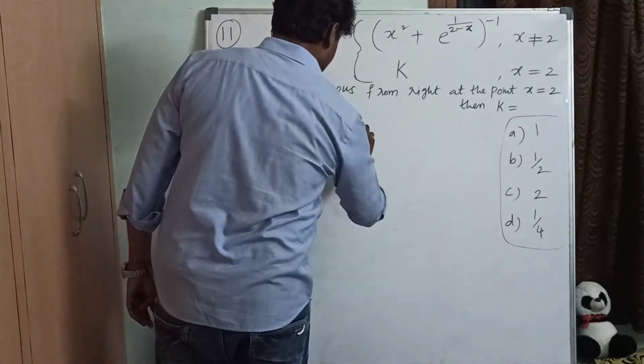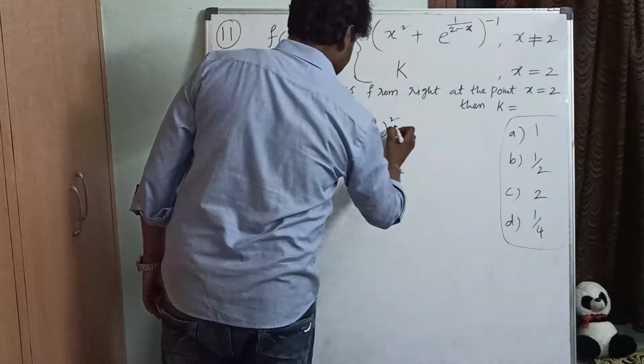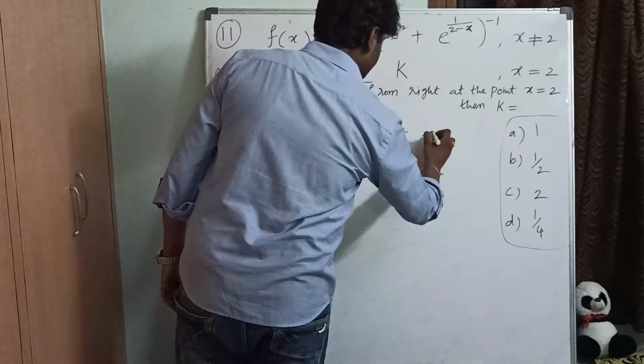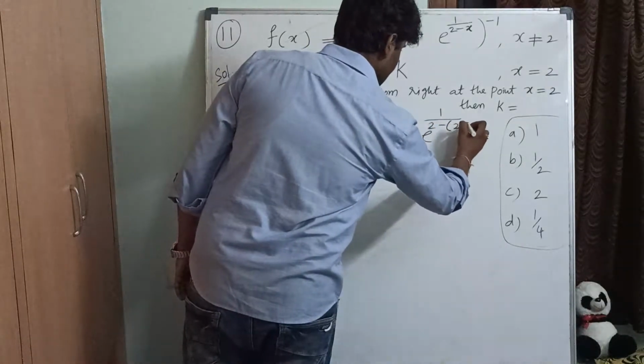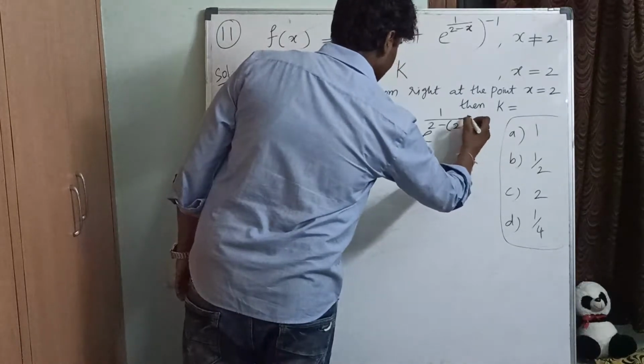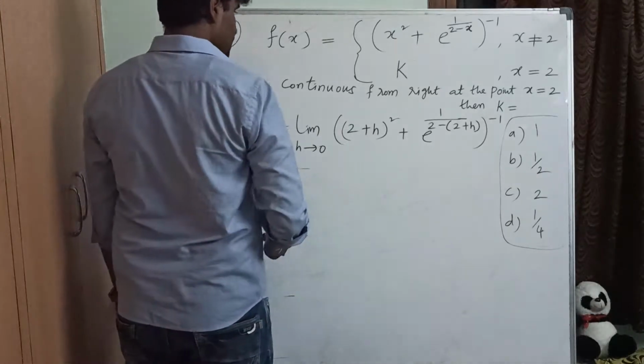So here 2 plus h, whole square, plus e power 1 by 2 minus of 2 plus h. Clear? So whole power minus 1, right?